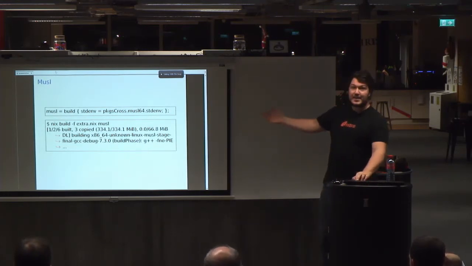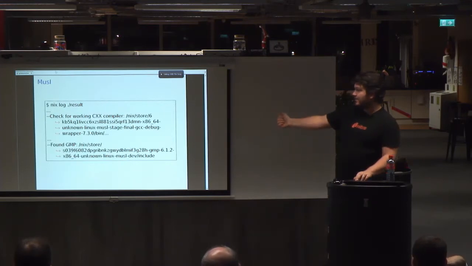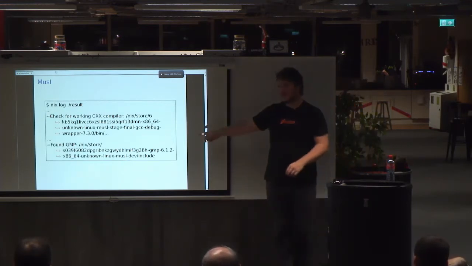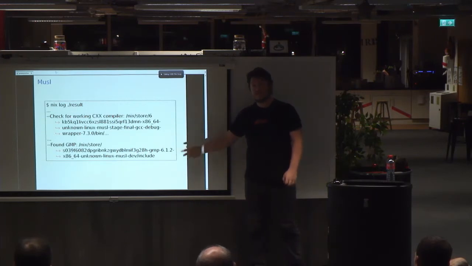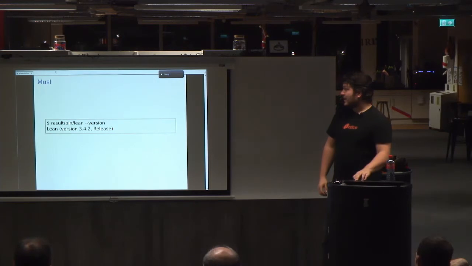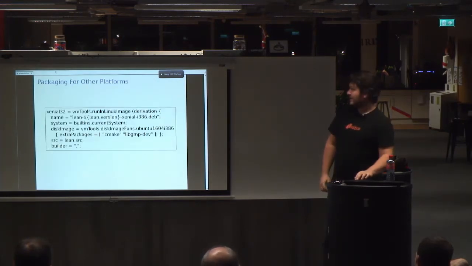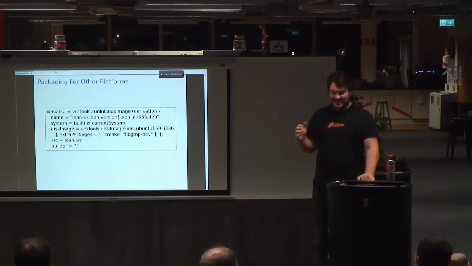I create an environment with that library, build it, and I can check in the log that it built GMP, one of the dependencies of this project, using musl, and then it links to that. And it runs. I can do that for different versions of Clang. And when I saw this, I was really impressed.